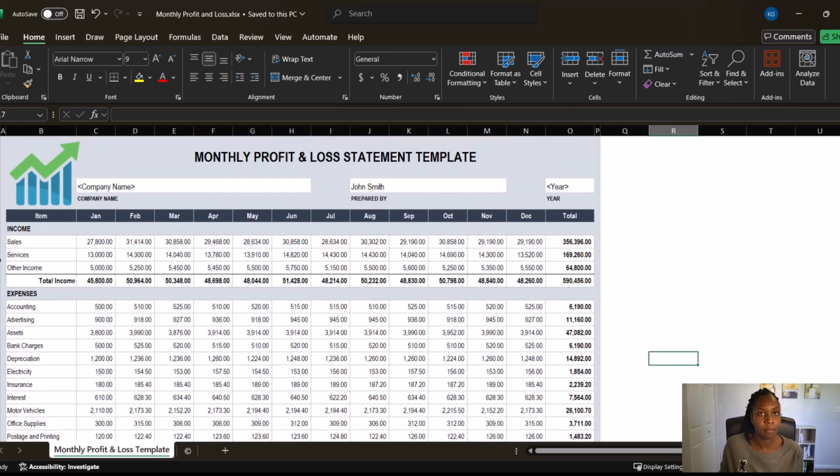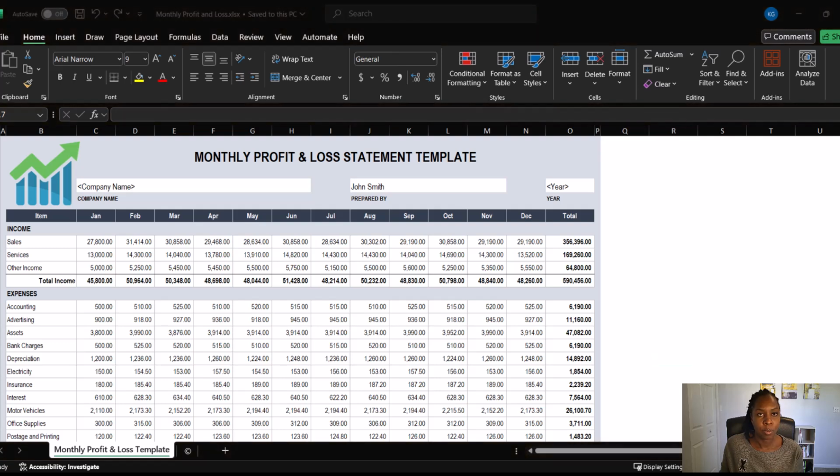Okay? So the third thing you are going to want to do is compare your statement of activities to your budget. So let's pull up the budget.